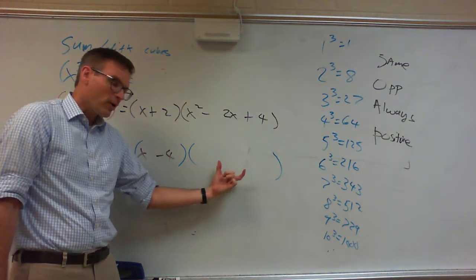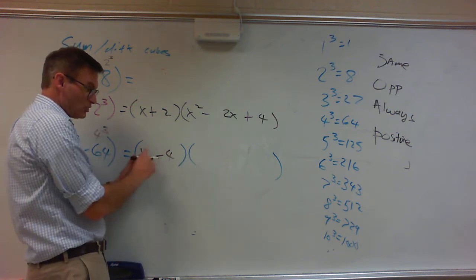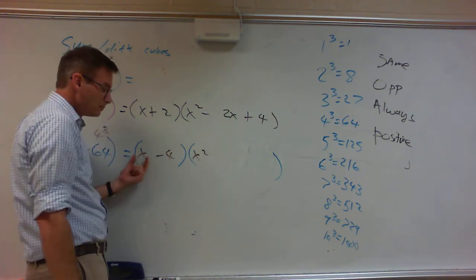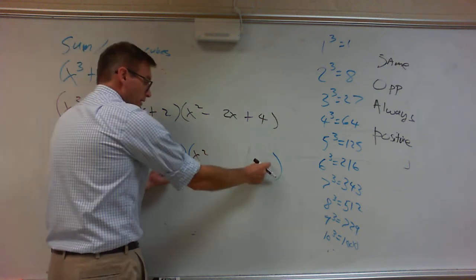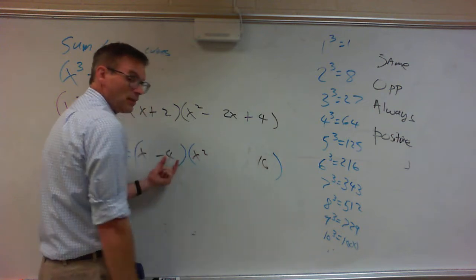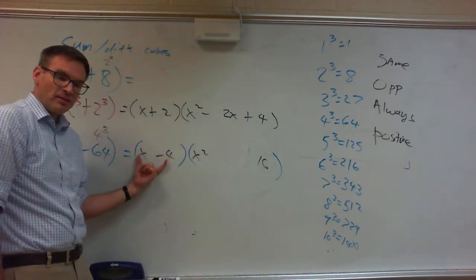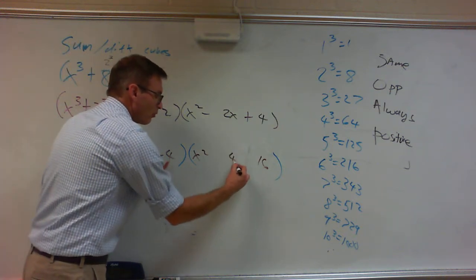Now to get my 3-part thing, I'm going to take this and square it. I get my first term, x squared. I take the end and square it, that's going to give me 16. And where I get my middle term is I multiply these together, so I end up with 4x.